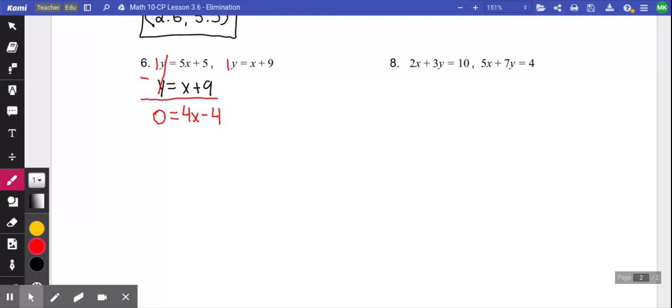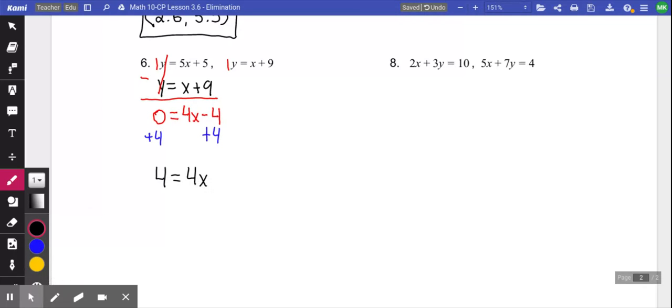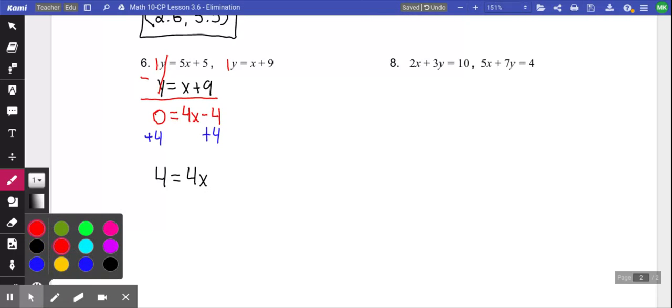Add 4. Right? Move this 4 to the other side. And when you add 4 to the other side, you now have 4 equals 4x. Now what? Divide both sides by 4.